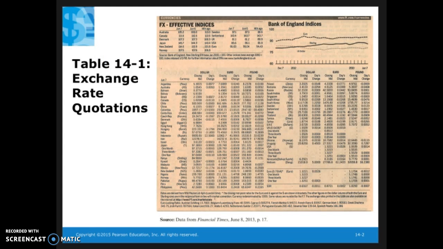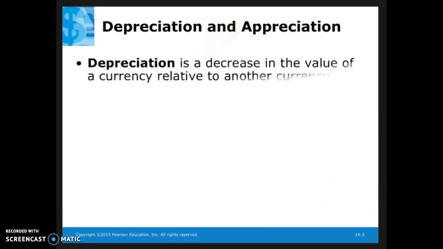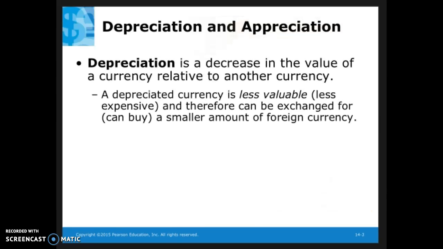So here's a clipping from the Financial Times in 2013 that shows what the reporting of exchange rate quotations looks like. So we have depreciation and appreciation. Depreciation is a decrease in the value of a currency relative to another.